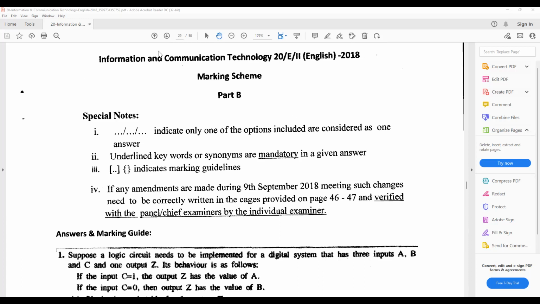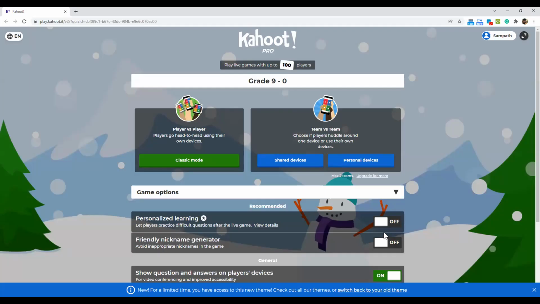Okay, I'm going to change the screen. Let me know whether you can see the screen. Can you see my screen? Yes.